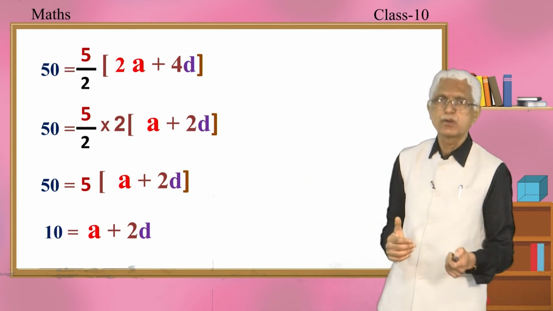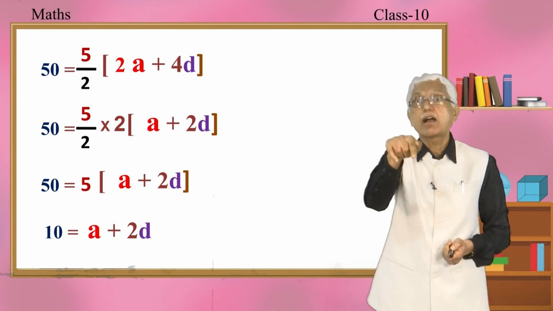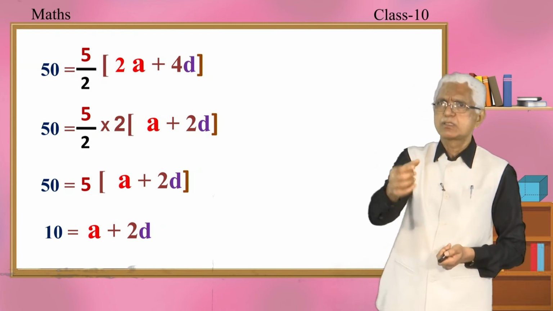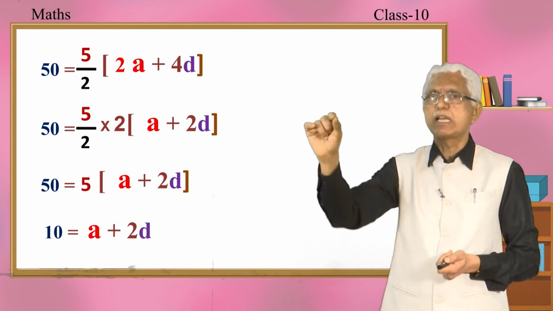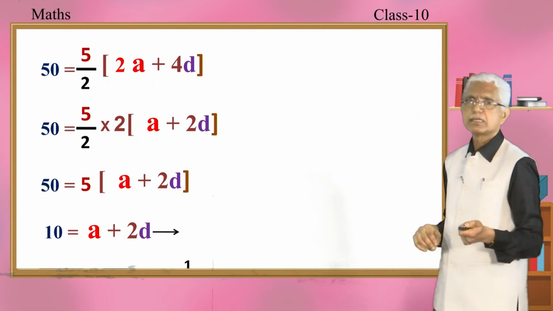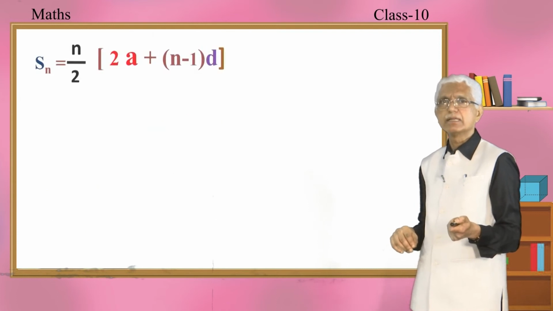So 10 is equal to a plus 2d. See how they got this equation using the formula, right? Call this equation number 1.